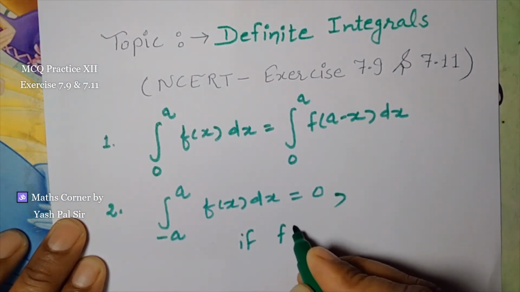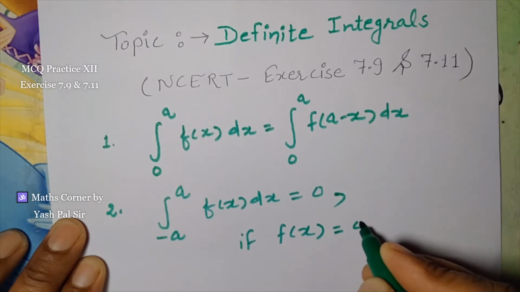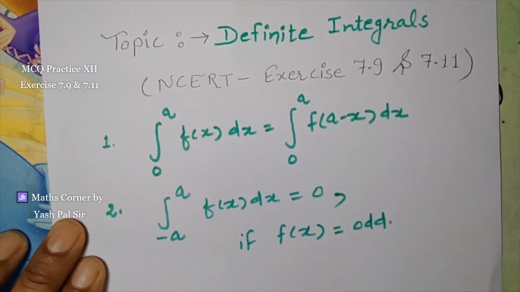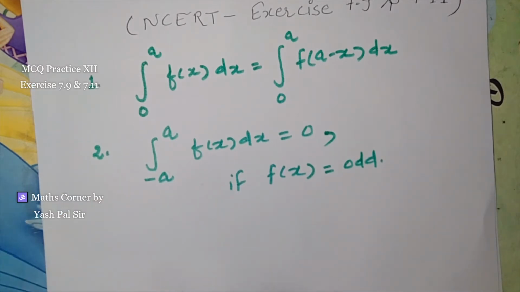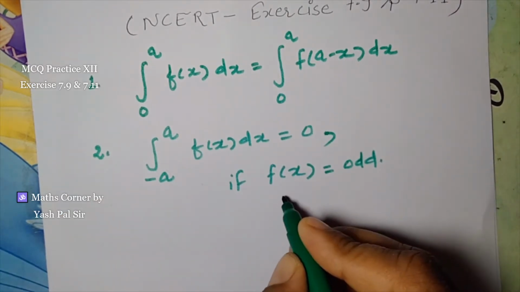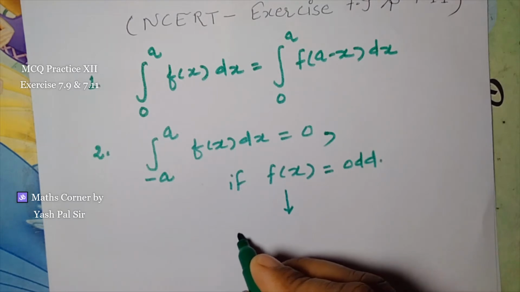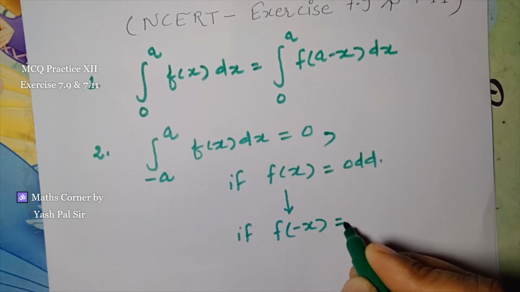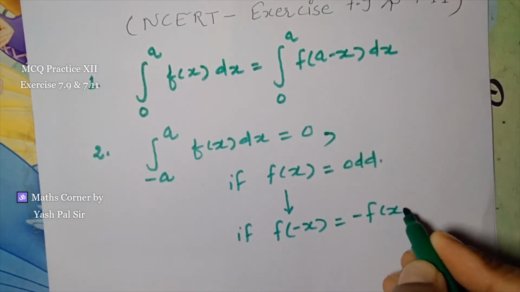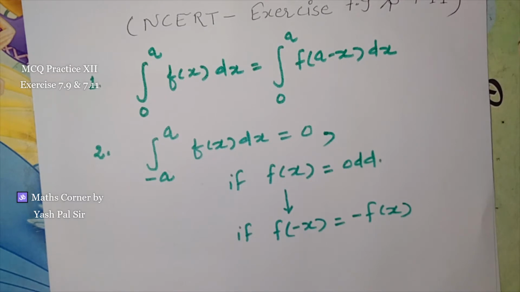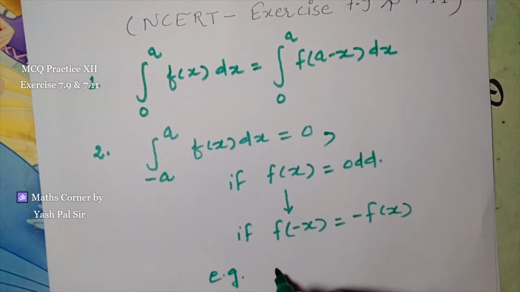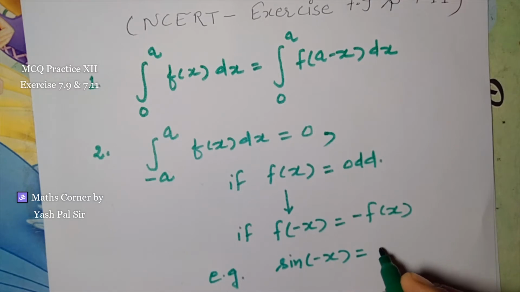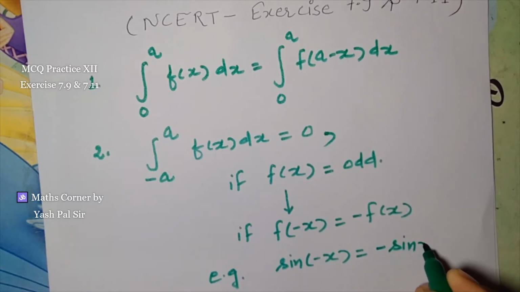f of x is an odd function. Now the question is, when do we say that a function is odd? If we have f of minus x is equal to minus f of x, then the function is called an odd function, right? For example, sine of minus x is equal to minus sine of x.